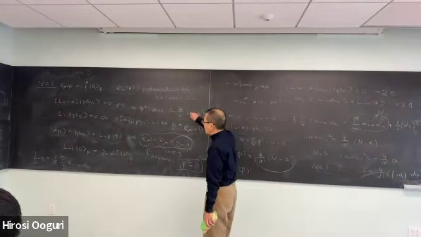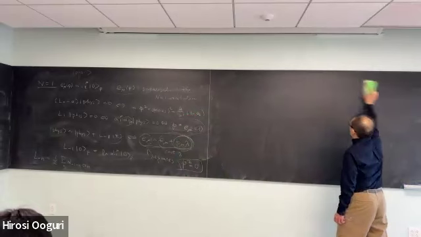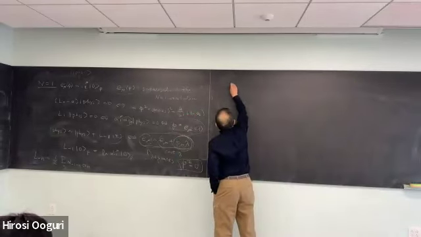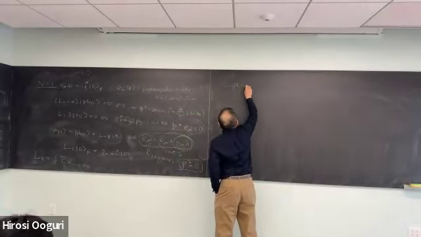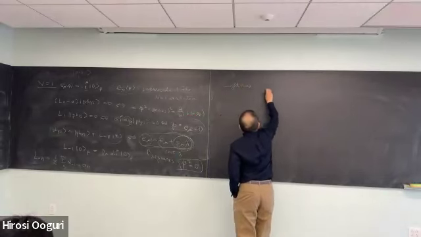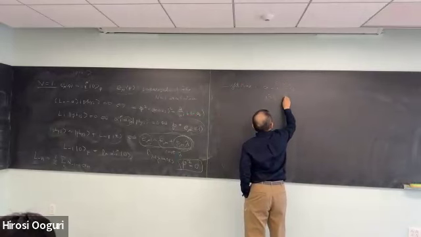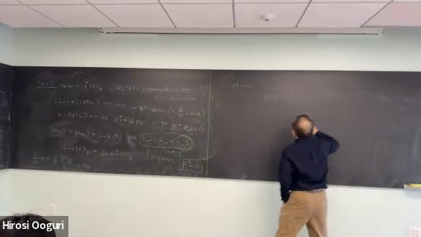So let me state it. The light-cone quantization would say that the first excited state would be of this form, where I is equal to 1 to D minus 2.